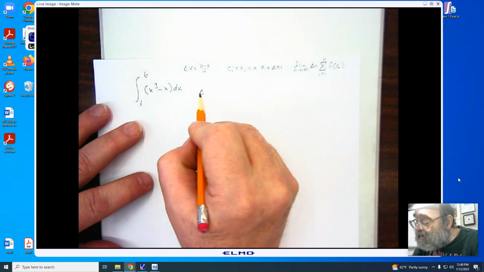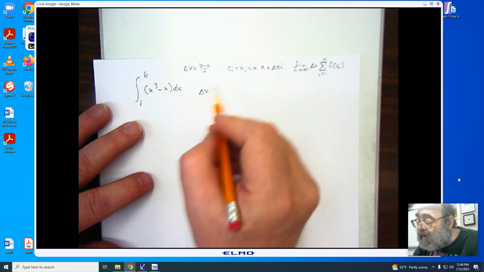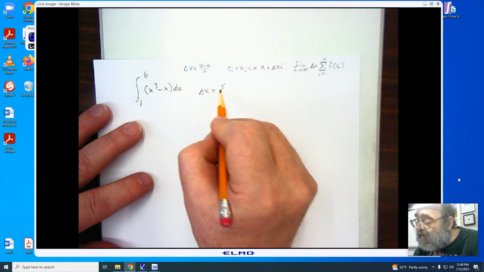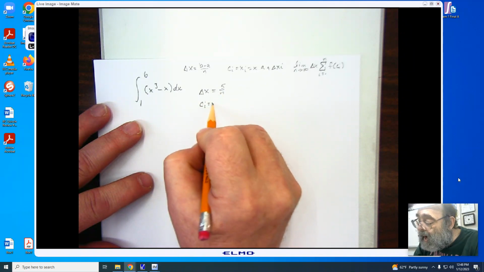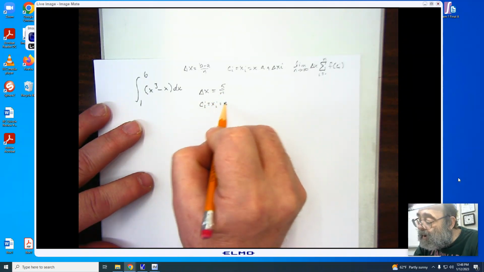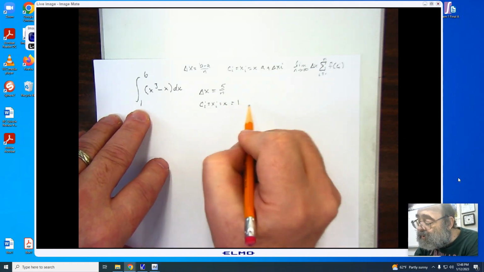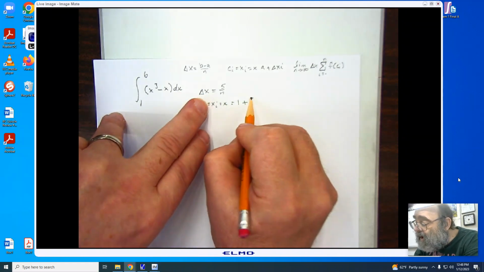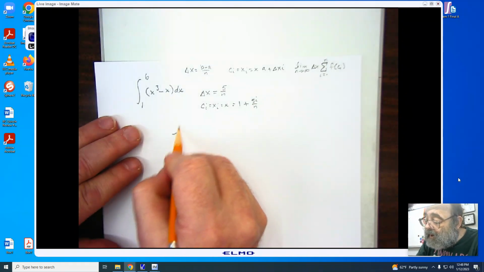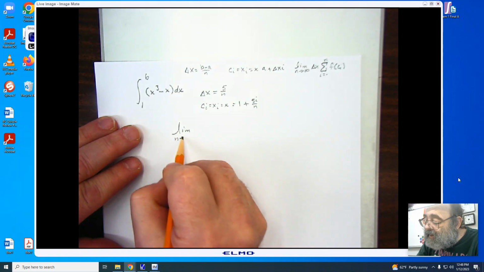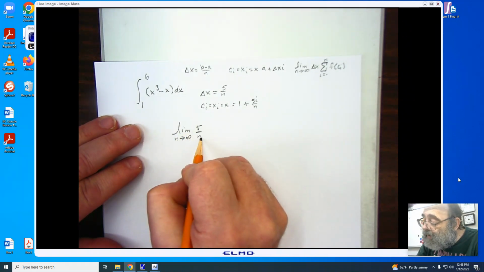First of all, delta x is the gap between 1 and 6. 6 minus 1 is 5, and this gives me 5 over n. Our c sub i, or x sub i, the x that we are going to be working with, is therefore going to be our first value a, which is 1, plus 5i over n. As we construct, we're now looking at the limit as n is approaching infinity. We have our delta x, which is 5 over n.